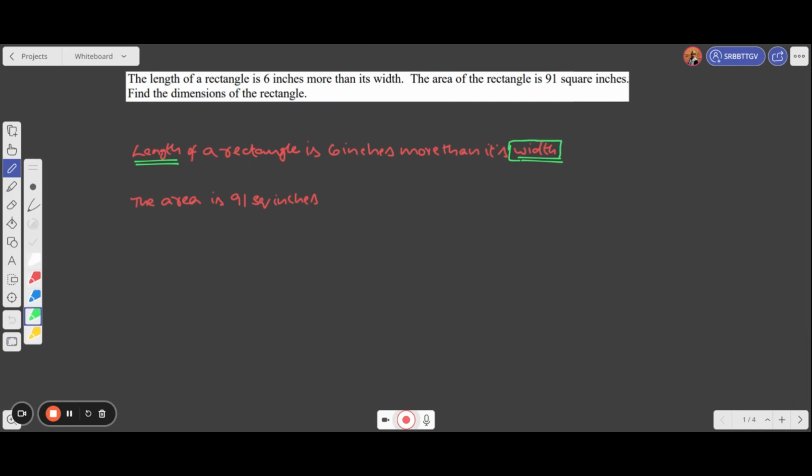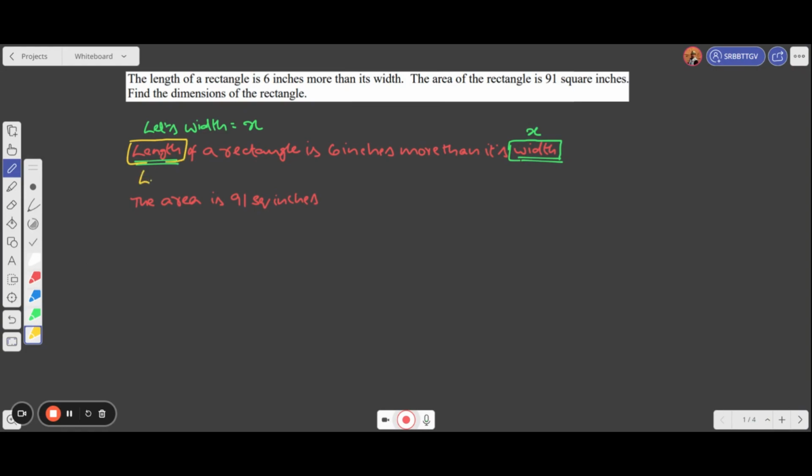There are two. Out of these two, the second one is to be taken as x. So let's take width equals x inches.